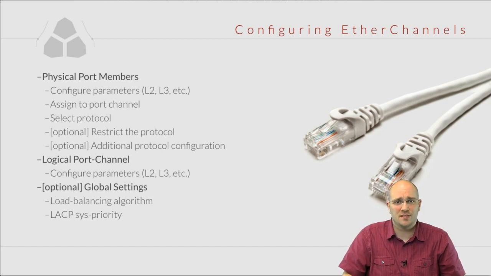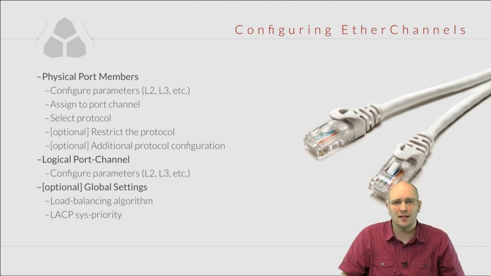Also, you can perform some additional protocol configuration, like Port Aggregation Protocol or LACP parameters that you can configure per port. Then you need to configure the logical port channel interface. This will be created for you automatically in most cases, but you may remember me saying that I don't believe IOS, ever.